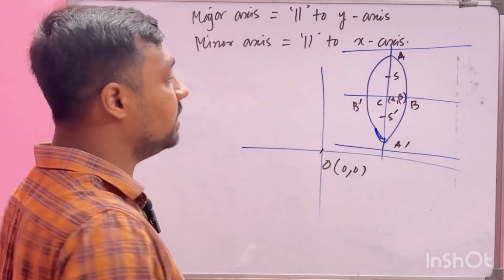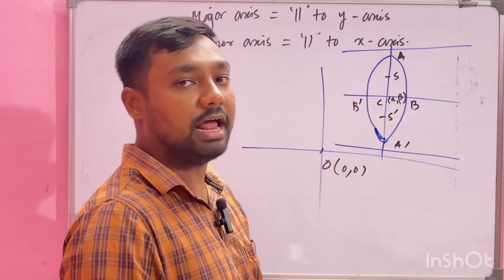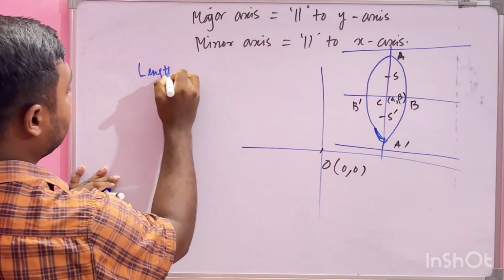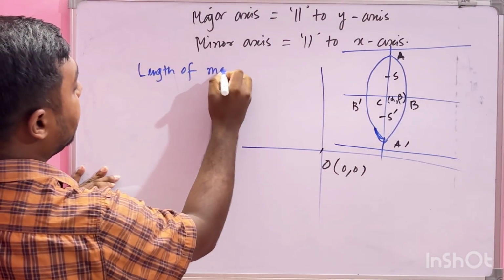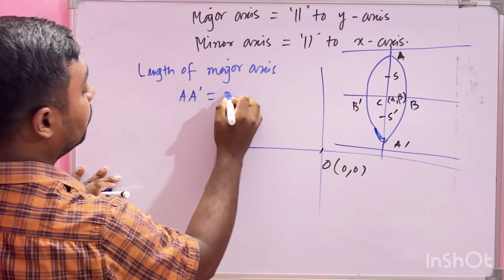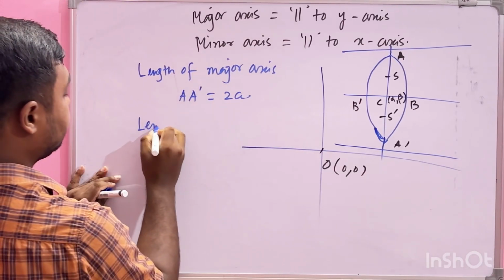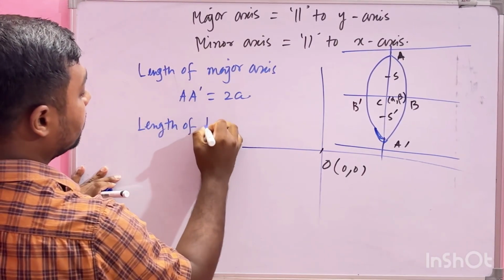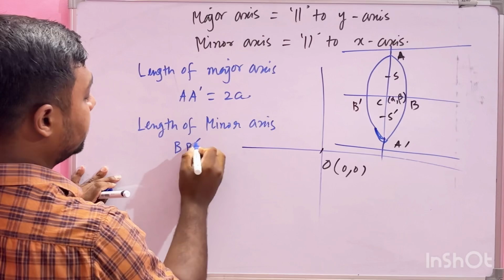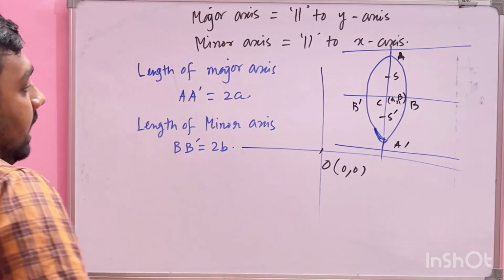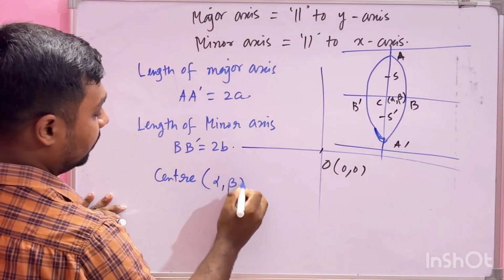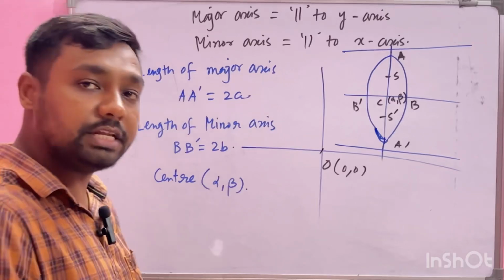Length of major axis, that is A A dash, equal to 2a here, length of minor axis, that is B B dash, equal to 2b here, and center of this ellipse is alpha comma beta.